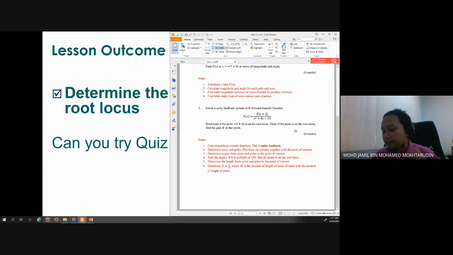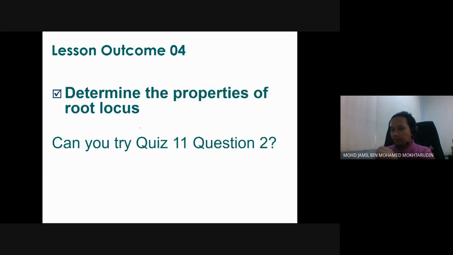Okay, any question? Okay, so if you have no question, then that's it for today's lecture. We will continue more tomorrow about sketching the root locus.